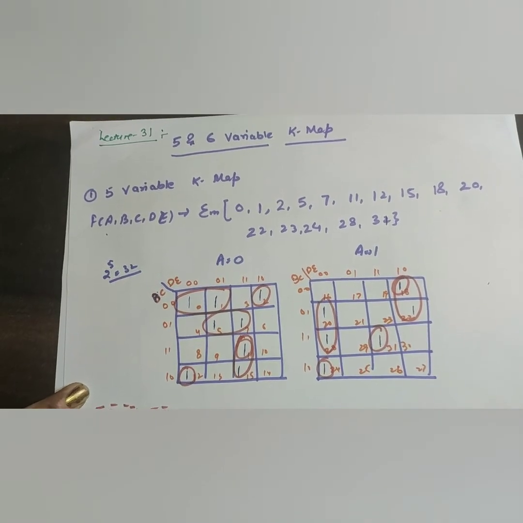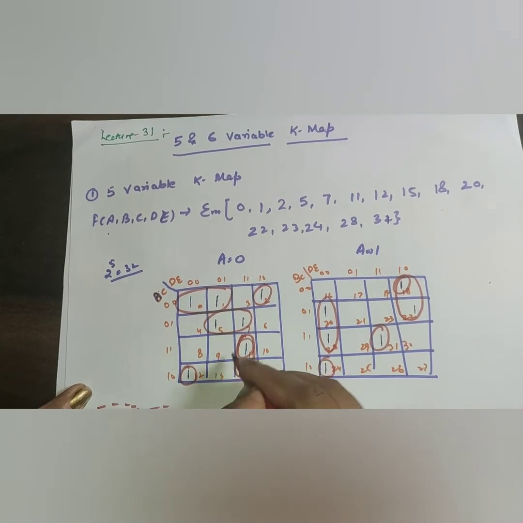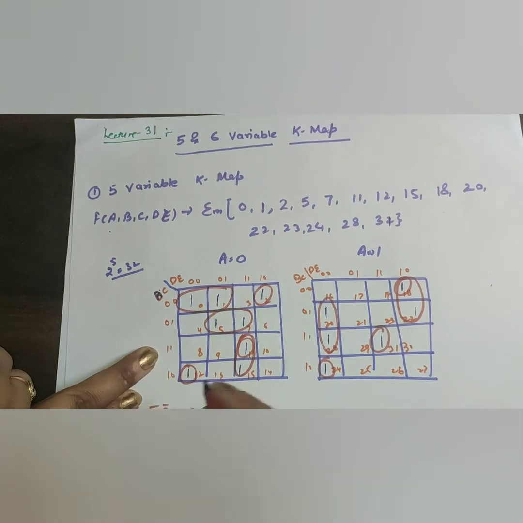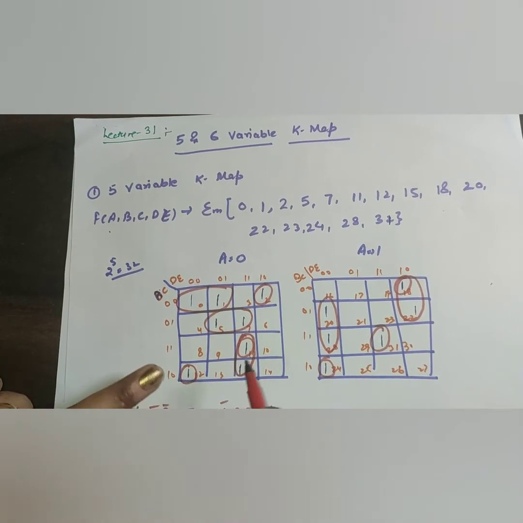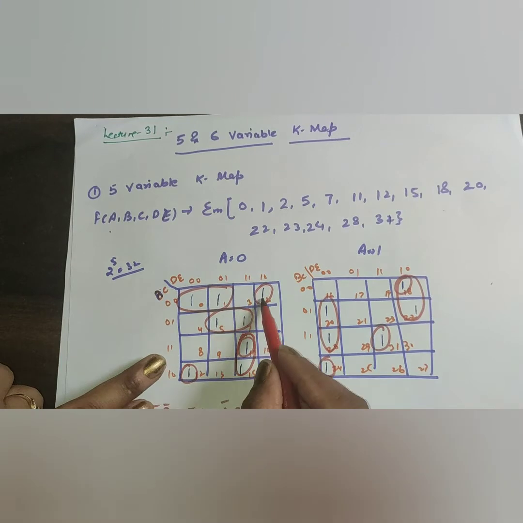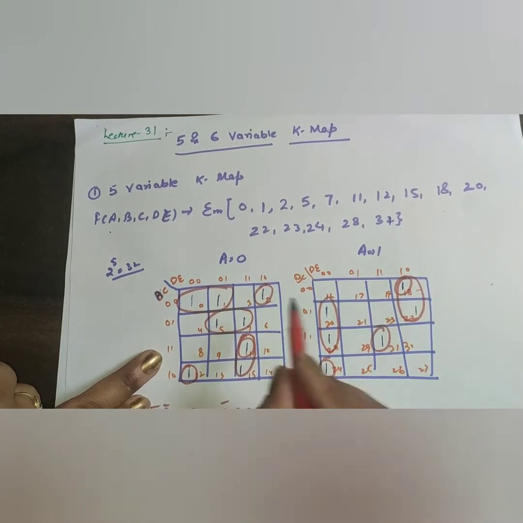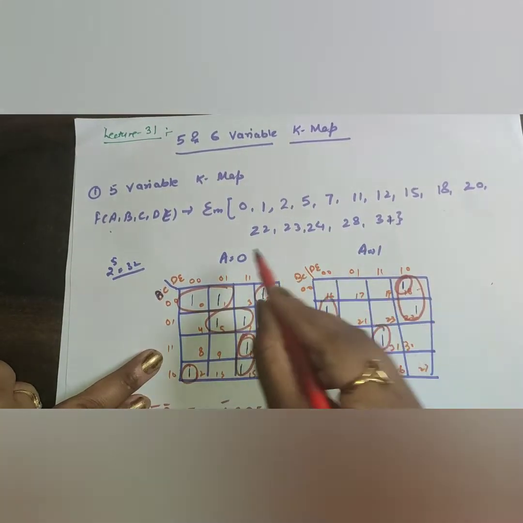Now this will be A bar, B bar C D E. Plus for this, A bar will be there because of the block, and B will be there, and this will be D and E. Plus this grouping from this to this, A will be eliminated.